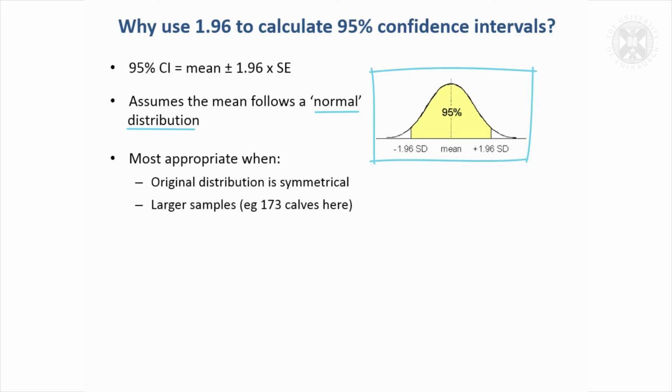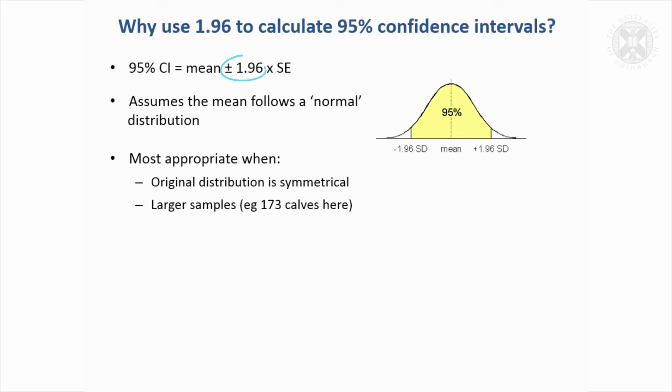If you took lots of means of the same sample size, this is the distribution you would expect it to have. Of course, it won't have an exactly normal distribution, but you can make the assumption that it'll be roughly normal. And the larger the sample size, the more normal the distribution will become. We've got quite a large sample here, so it's reasonable to assume a normal distribution.